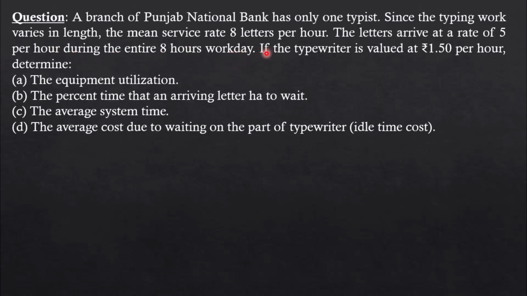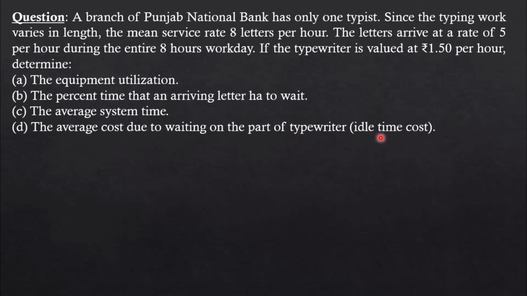If the typewriter is valued at rupees 1.50 per hour, determine first the equipment utilization, second the percent time that an arriving letter has to wait, third the average system time, and the last is the average cost due to waiting on the part of the typewriter, that is the idle time cost.